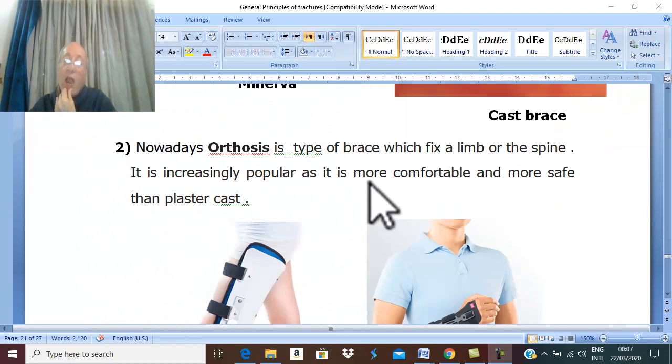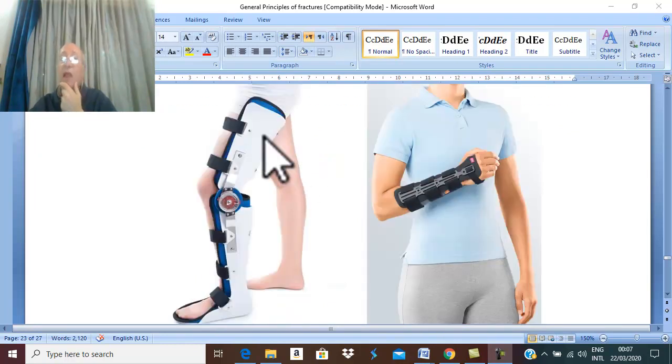Nowadays, orthoses are artificial braces used to fix the limb or the spine, and they are increasingly popular because they are more comfortable and safer than plaster of Paris.